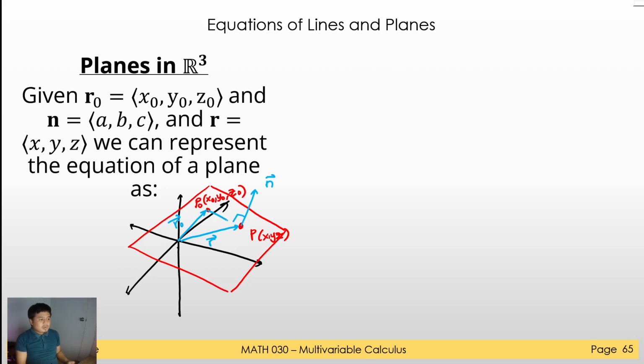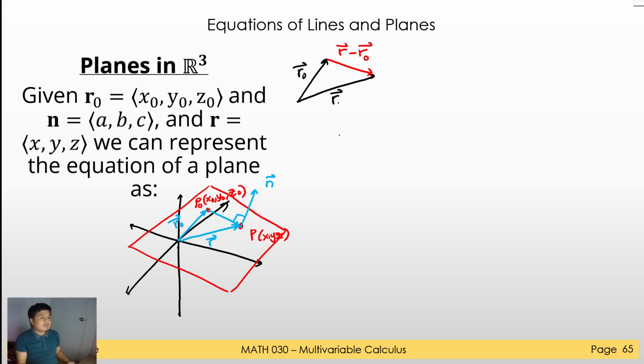We can find the difference between these two vectors: r vector minus r sub 0 vector. Let me draw this first. Let's say this is the r sub 0 vector and this is your r vector. To create this third vector, we take the difference between these two vectors.